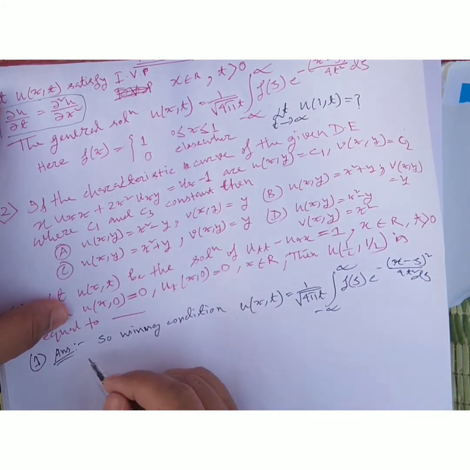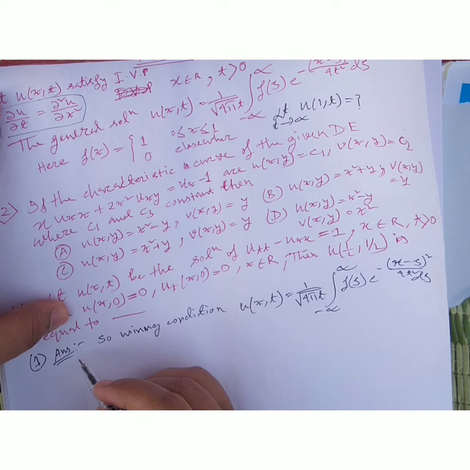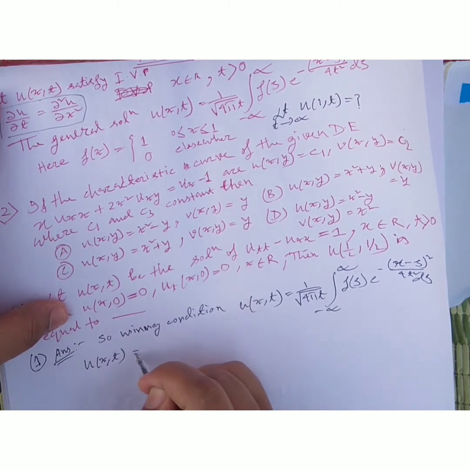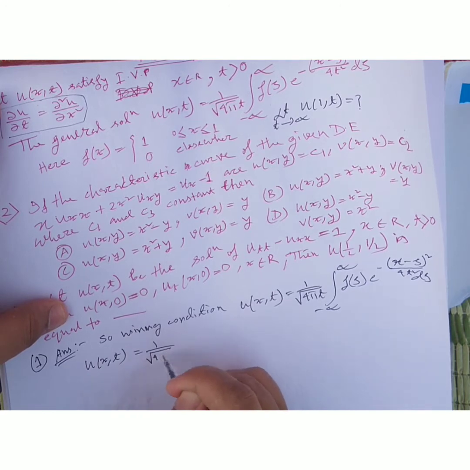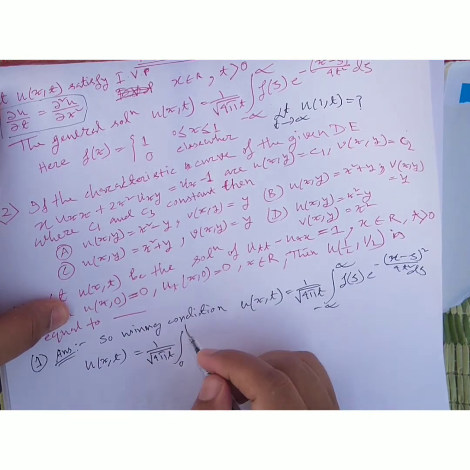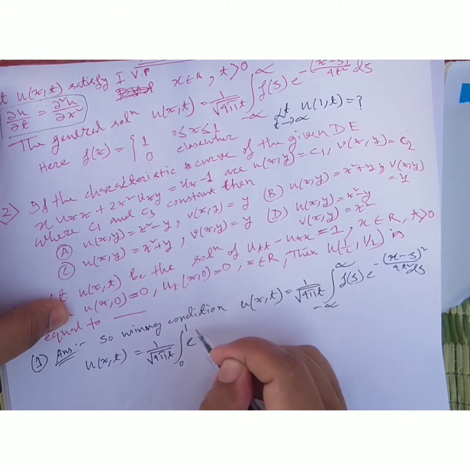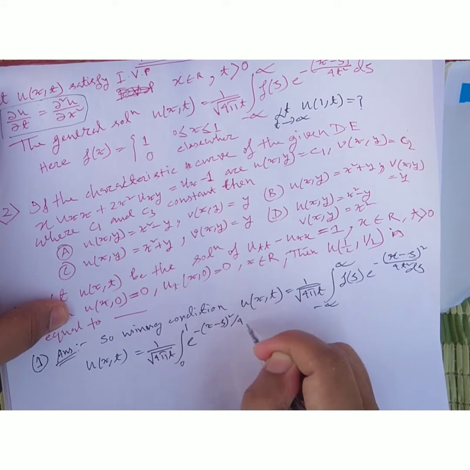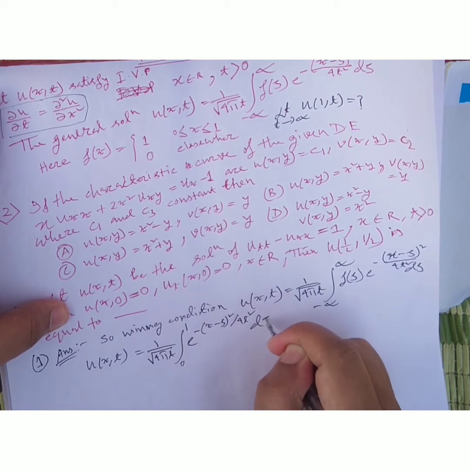So whatever I get, simply u(x,t) is equal to 1 by root over 4πt, integral from 0 to 1 of e to the power minus (x minus j) whole square divided by 4t, dj.